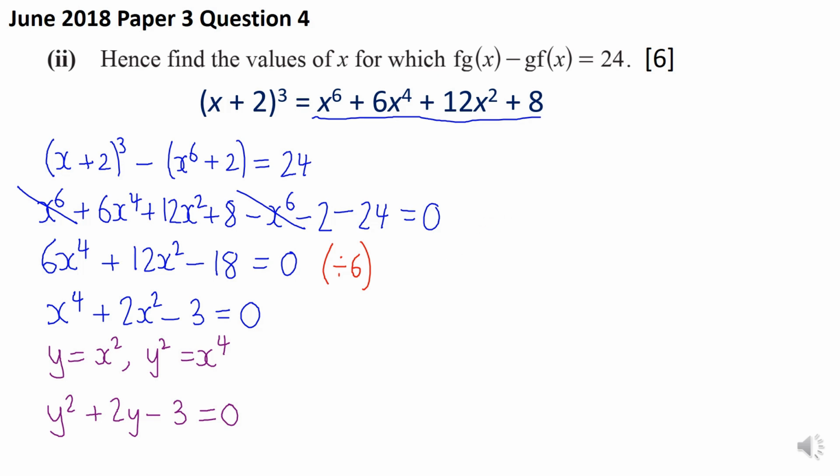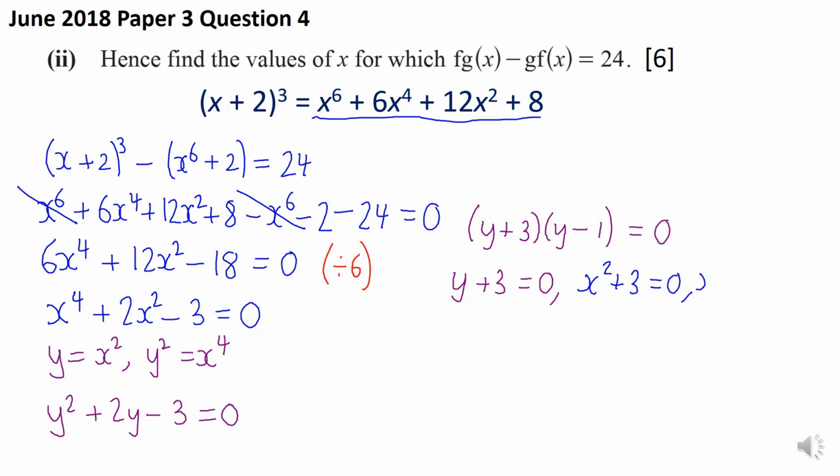This equation factorizes as y plus 3, y minus 1 is 0. Taking the first solution, this is y plus 3 equals 0, which means, substituting back for x, that x squared plus 3 is 0, or x squared is minus 3.